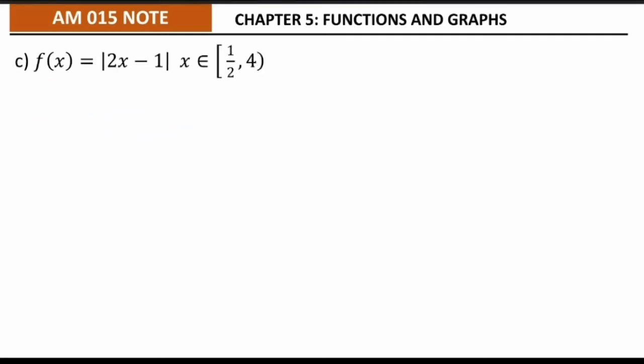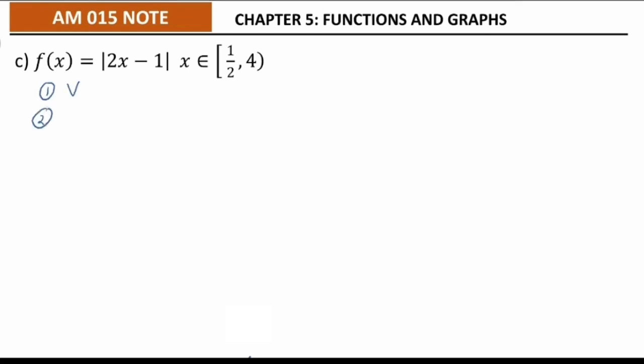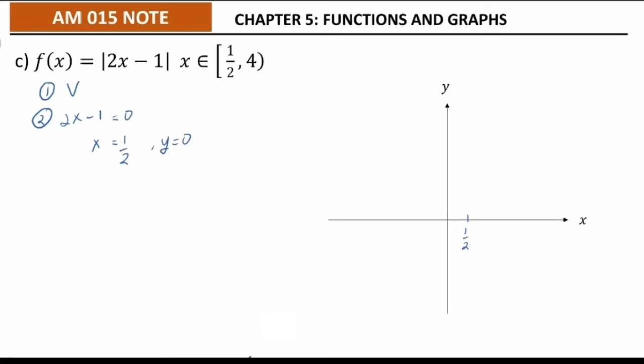Next example, f(x) equals absolute value of 2x minus 1 for x from 1 over 2 to 4. For the absolute value, first we have the shape: positive x, positive absolute. Second, the vertex: 2x minus 1 equals 0, x equals 1 over 2. When x equals 1 over 2, y equals 0. Sketch the graph, x is 1 over 2. The graph has domain 1 over 2 to 4. The domain must be included, so to the left of here there is no graph.